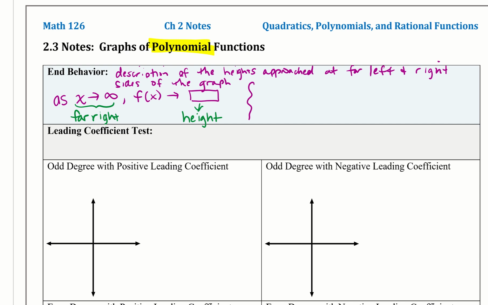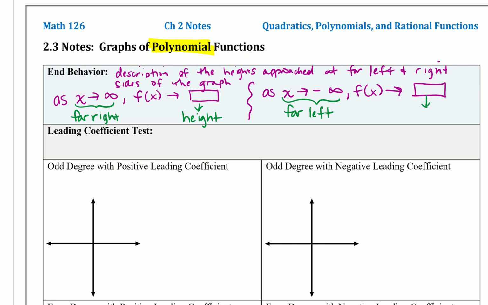To describe what's happening on the left-hand side, we'll use this: as x approaches negative infinity, f of x, or y, or g, or whatever, approaches, again, some specific height. This describes the far left-hand side.